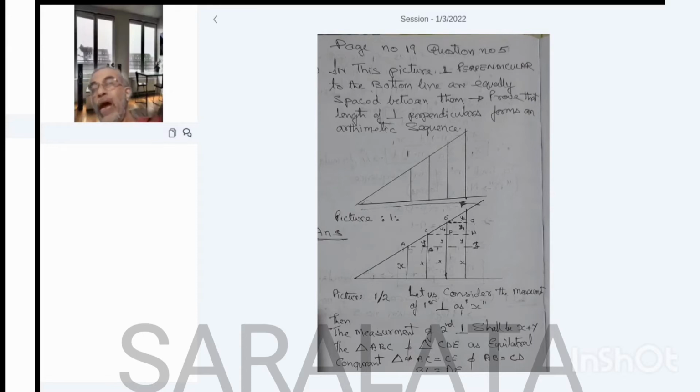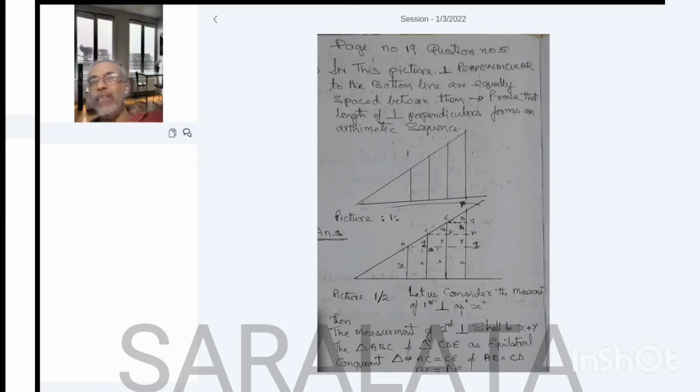Right? And what's the common difference in this? It is y. The y is the common difference. If I subtract x from x plus y, I get y as the difference. If I subtract x plus y from x plus 2y, that is x plus 2y minus x plus y, here also I'm getting a difference of y, because 2y minus 1y is y and x minus x is 0. So the difference is y.